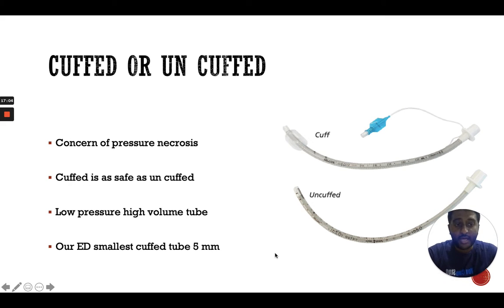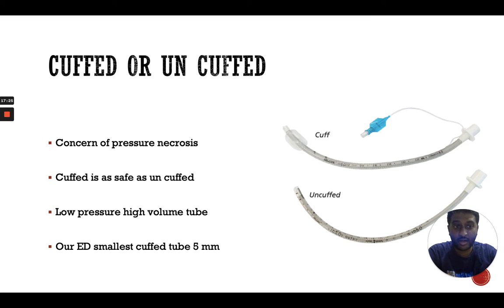Okay, uncuffed tubes are used to prevent pressure necrosis of the subglottic area. You remember I told you the narrowest part of the pediatric airway is the subglottic area, and that's where the ETT sits, because it's already narrow to begin with.